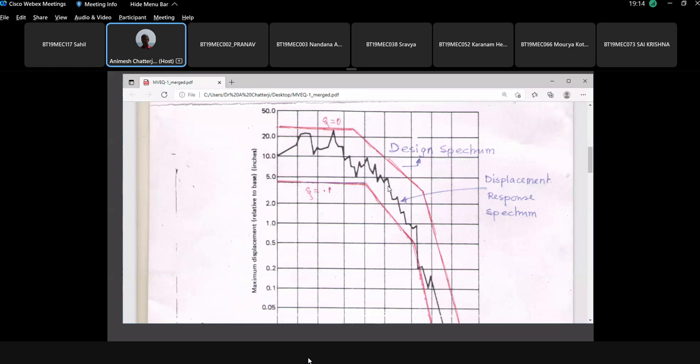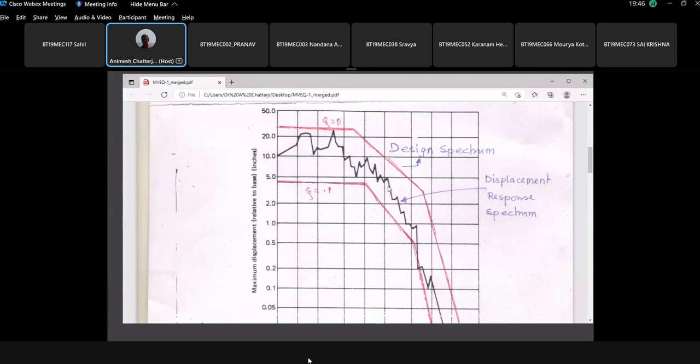Earthquake has been measured at one location, but maybe 5 kilometers here and there, it may be slightly different. That is one thing. Second, when I apply the spectrum for a building, the effect of earthquake on the building will also depend on what is called soil structure interaction, meaning what kind of soil is there.